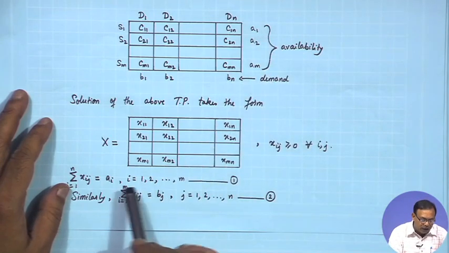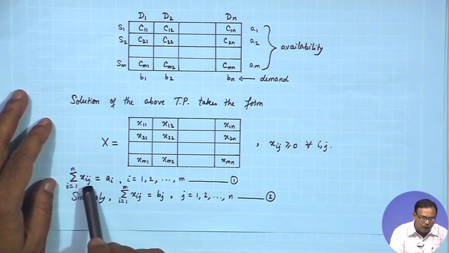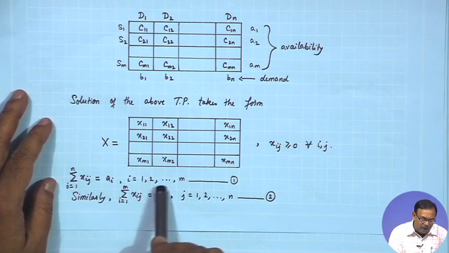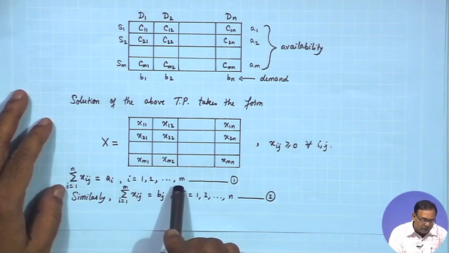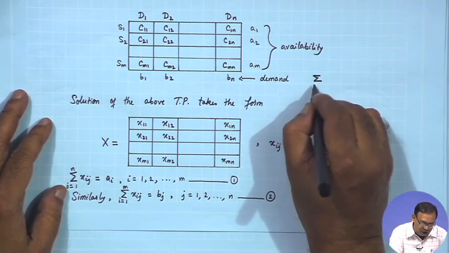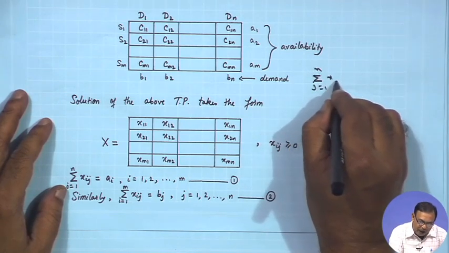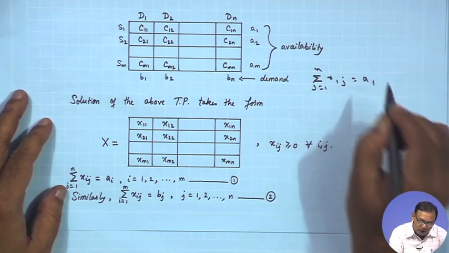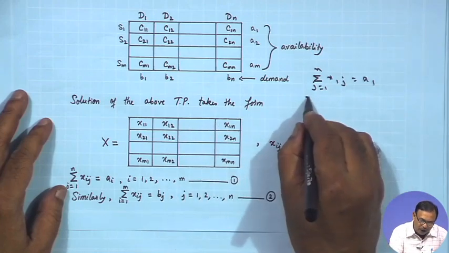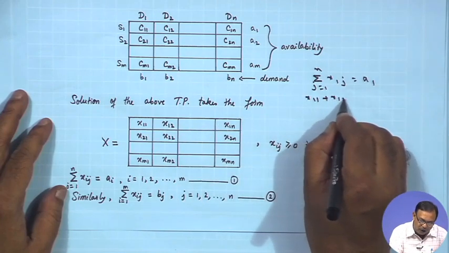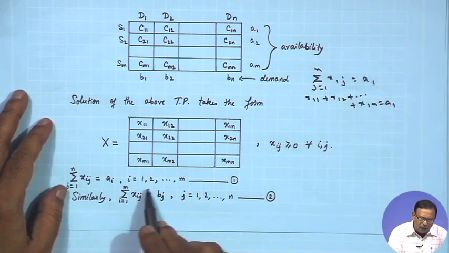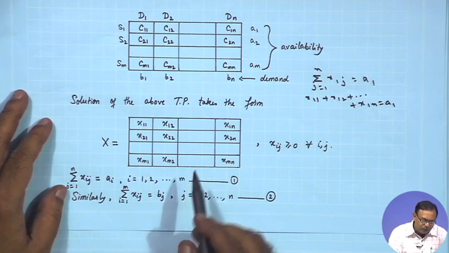Mathematically, summation j equals 1 to n of x i j equals A i, where i varies from 1 to m. That means summation j equals 1 to n of x 1 j equals A 1, that is, x 1 1 plus x 1 2 plus and so on up to x 1 n equals A 1, and i varies like this from 2 to m.